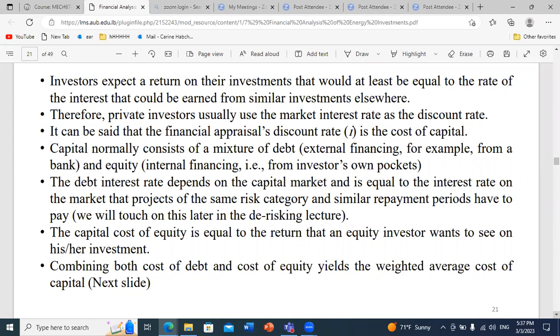Now, capital normally consists of a mixture of debt and equity. Whenever you want to start a new investment, you can take external financing, you can take money from a bank, or you can use internal financing. So you can use money also from your own pocket.